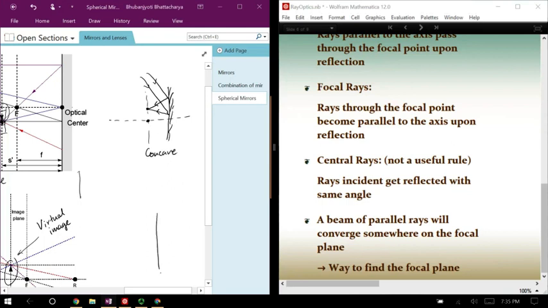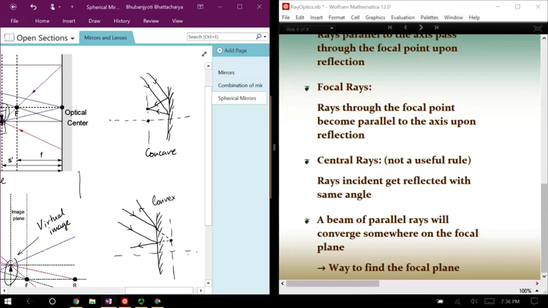But in the case of a convex mirror, just the opposite will happen. Now we're talking about a convex mirror, and a beam of parallel rays of light is coming and is incident on the convex mirror. After reflection, they are going, this is a diverging mirror. So these rays of light after reflection are going to try to go away from each other, and as they go away from each other, they're going to appear to be diverging from somewhere on the focal plane.